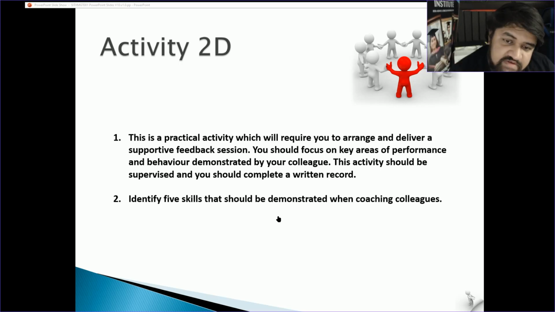Okay, and the 5 skills that you should be demonstrating when coaching colleagues. All right, so you should be allowing your colleagues to give input in their activities, actively listening to what they have to say, and using empathy within your coaching process. You should be reflecting and clarifying on anything that is confusing to you or to the team member.